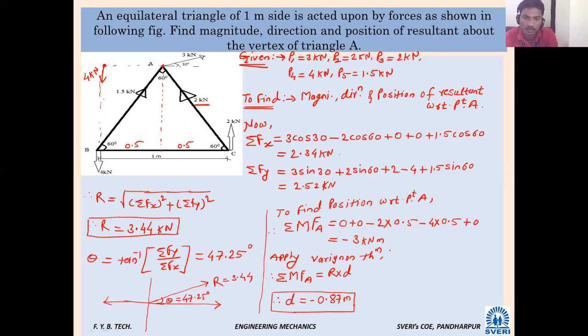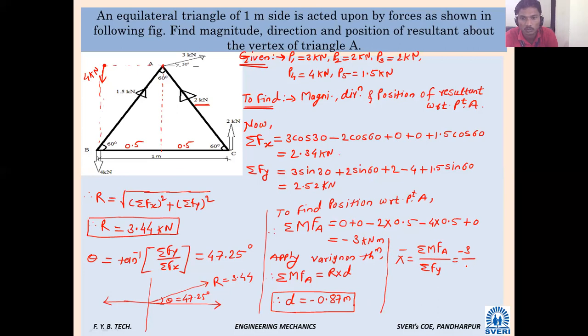Next, what are we supposed to find now? X bar. What is that formula? Summation of moment due to all forces at point A divided by summation Fy equals, minus 3 divided by summation Fy.